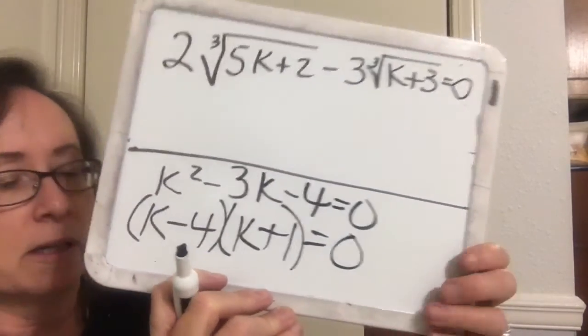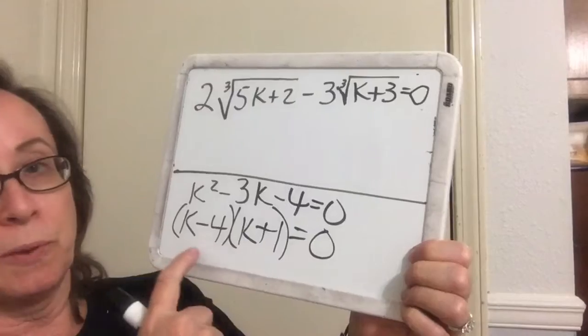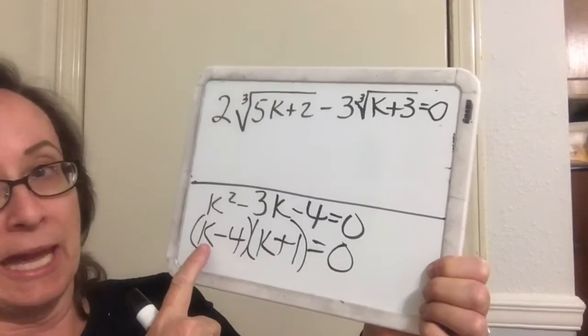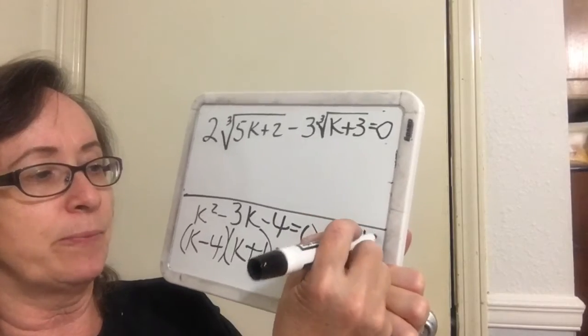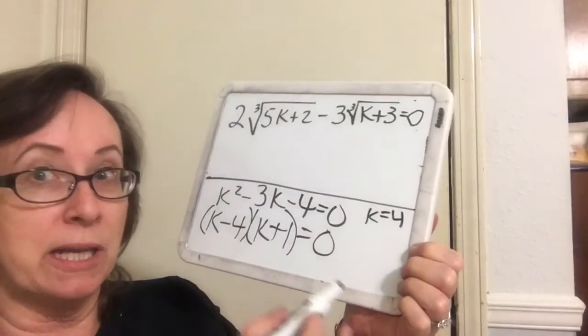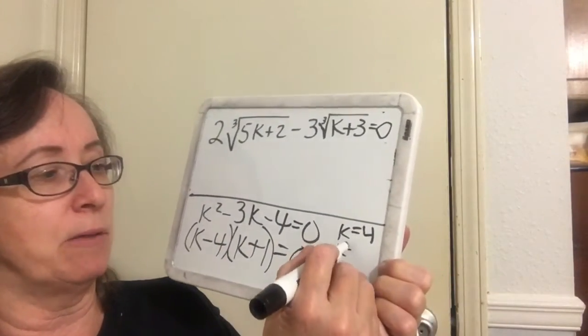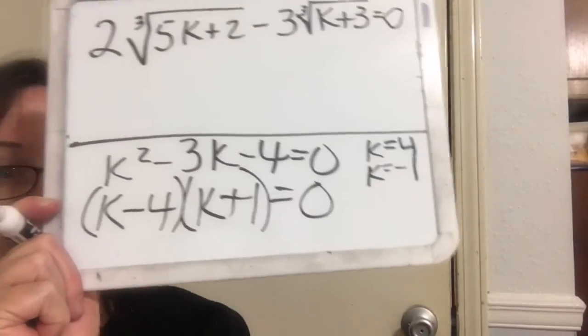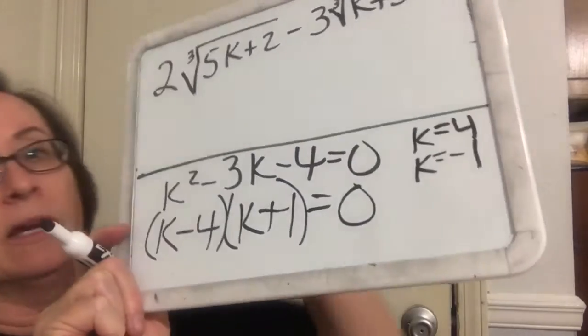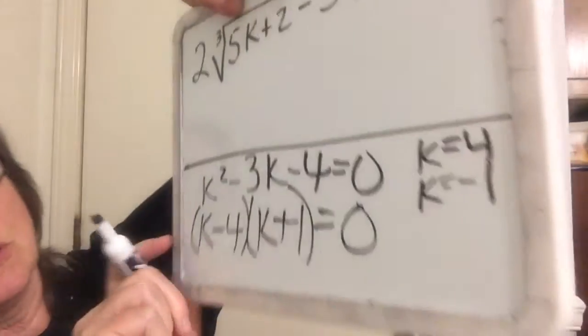So it does work. Now what are my two proposed solutions? I've got k minus 4 equals 0, or k equals 4. And I have k plus 1 equals 0, or k equals negative 1. So we have two solutions that we need to check. Let's take those two solutions: k is 4 and k is negative 1.